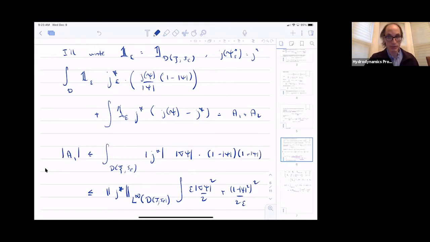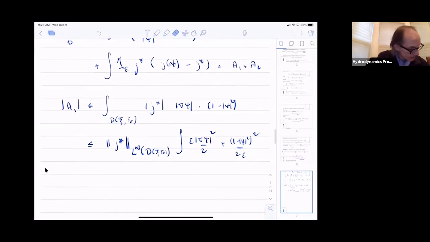That just makes it bigger. And 1 minus psi times 1 plus psi is 1 minus psi squared. So by replacing psi by psi squared, I just make it bigger. And you see this is exactly, I'll return to this in a second, but this is epsilon times the energy, maybe with a constant because I have a 2 here instead of 4.